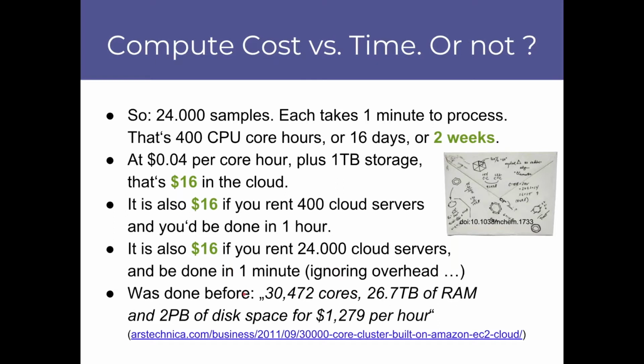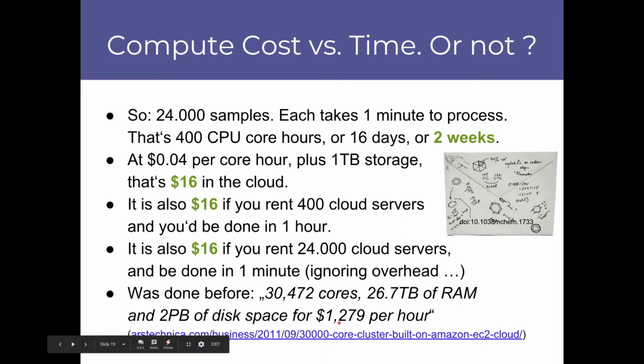So this is from an article, and as you see here from the link, it's from 2011. So that's 7 years ago. And those guys were renting out 30,000 CPU cores, more than 20 terabytes of RAM and 2 petabytes of disk. So 7 years ago, this was a monster compute cluster. Of course, it costs a bit.